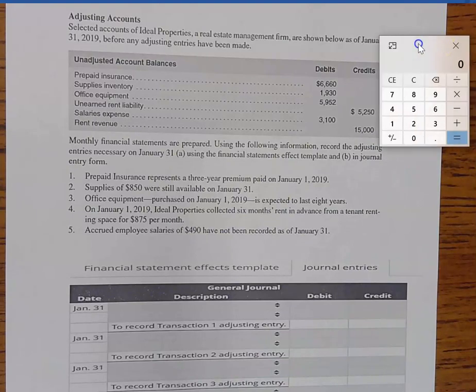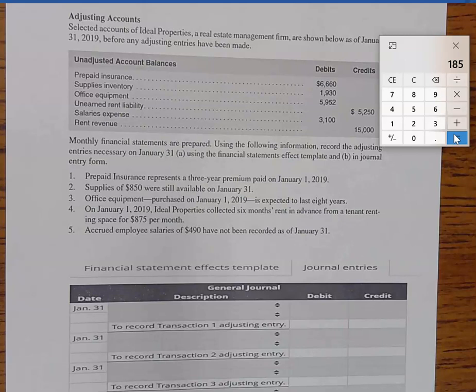So what we have to do is bring our calculator over and figure out the monthly amount of insurance expense. This $6,660 is for 36 months, or 3 years. Divide by 36, we get $185.